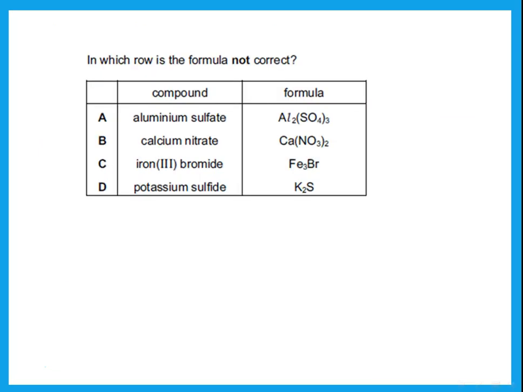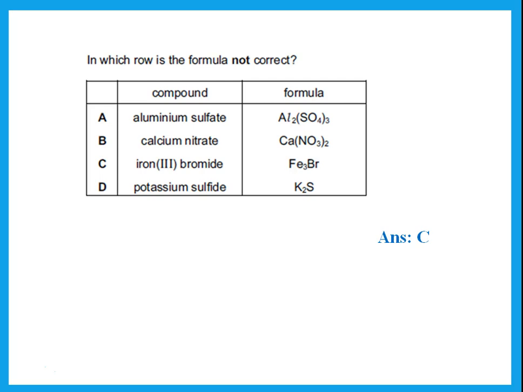Okay, in which row is the formula not correct? So let's take a look at this. How do I write aluminium sulfate? Aluminium is Al, sulfate is SO4. Then the valency of aluminium, I look at the periodic table and the valency of aluminium is 3, so I put the 3 under the sulfate. The valency of sulfate is 2, so I put the 2 under the aluminium. So that is correct.